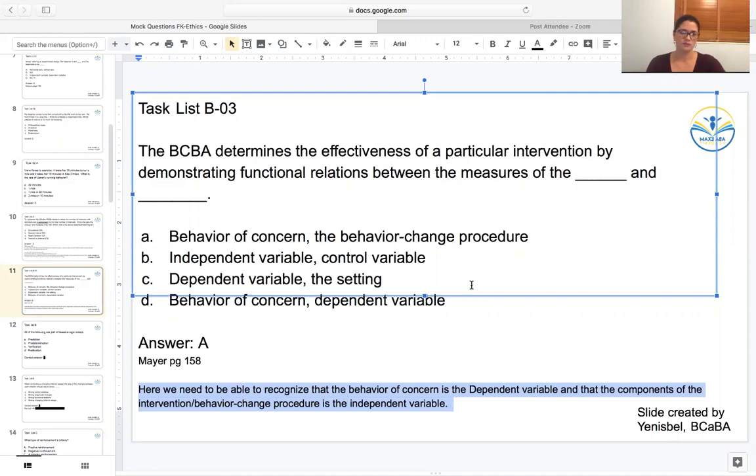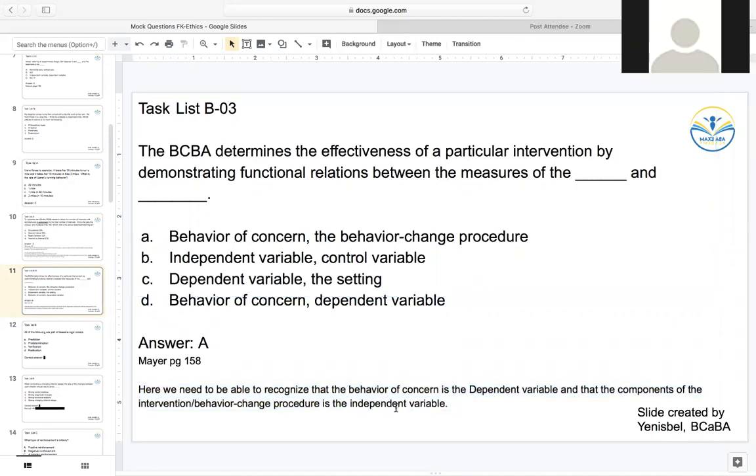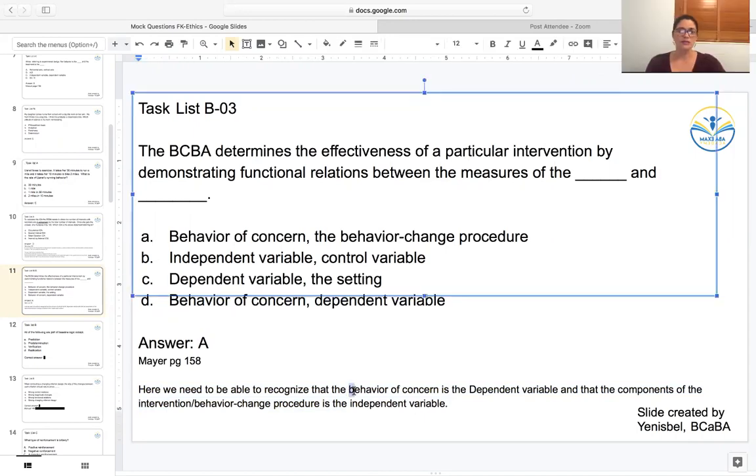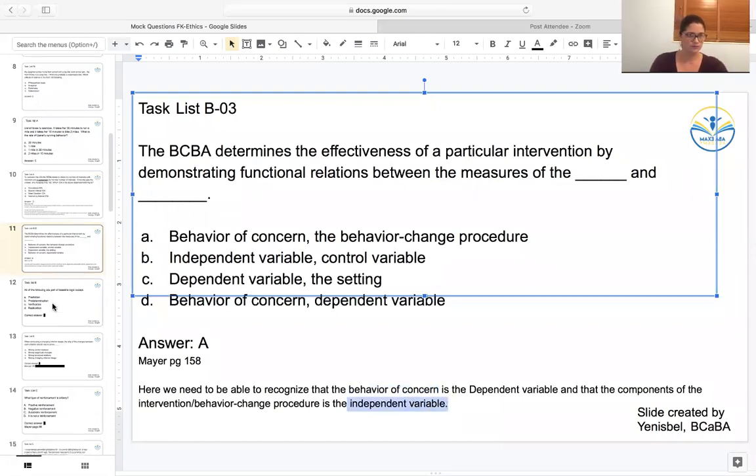And we will be measuring the behavior, so DV and IV. So here we need to recognize that the behavior of concern actually means the dependent variable, and that the components of the intervention or behavior change, so the IV, is the independent variable. It was a little trickier. Well done.